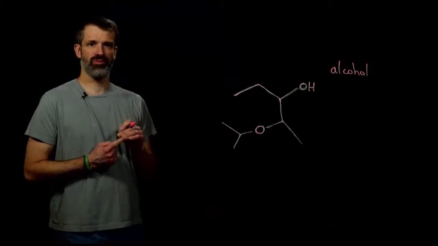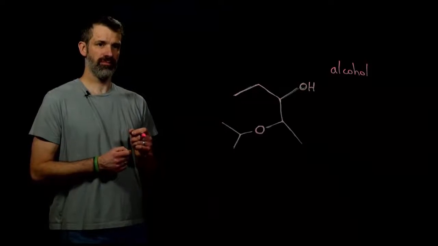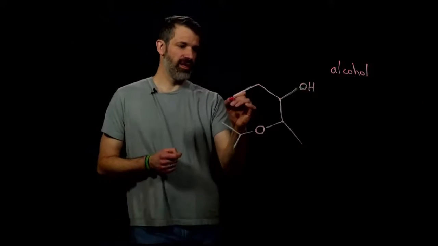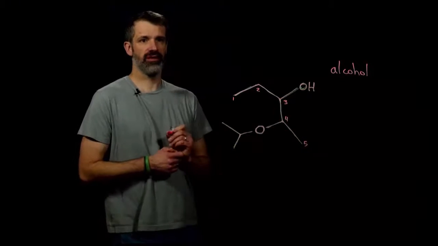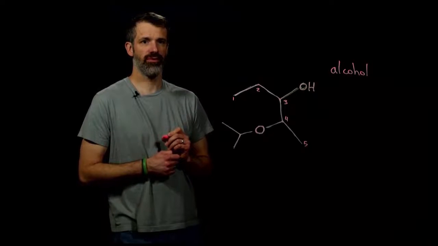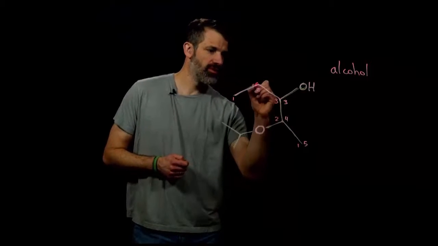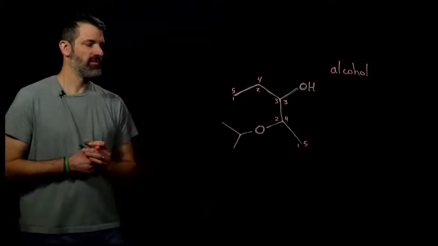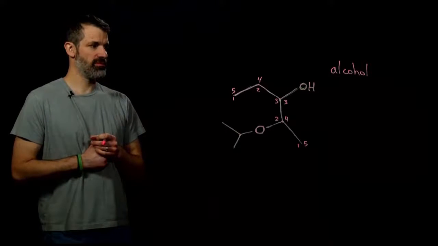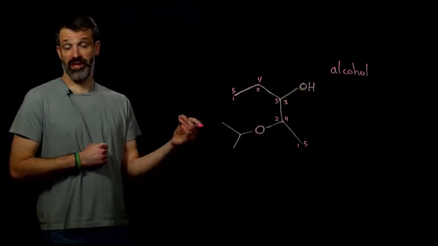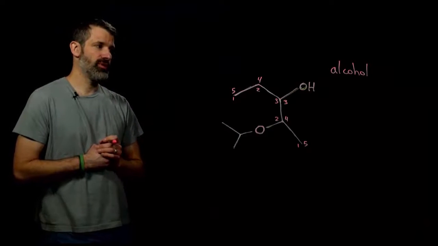So the priority first will be to get the longest continuous parent chain that contains this highest priority group. Now I can number 1, 2, 3, 4, 5 to get the number 3 for the hydroxyl group. Or I can also number it 1, 2, 3, 4, 5. Either direction gives me number 3 for the hydroxyl group.